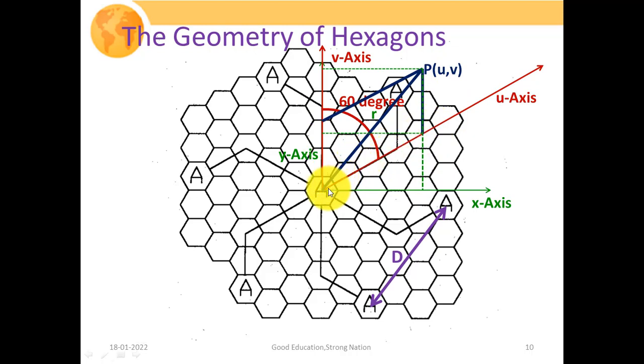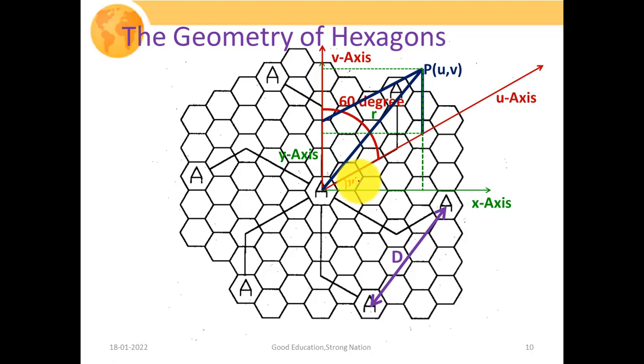If you closely observe this particular right angle triangle, this is your u, and if we talk about this particular angle, since this complete angle is your 60 degree and this complete is your 90 degree, 90 minus 60, this angle turns out to be 30 degree. I'm talking about this angle.